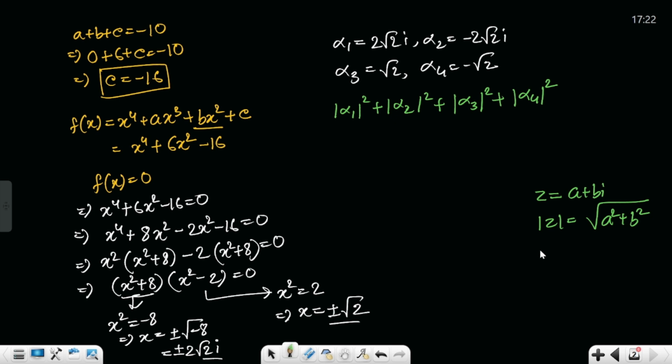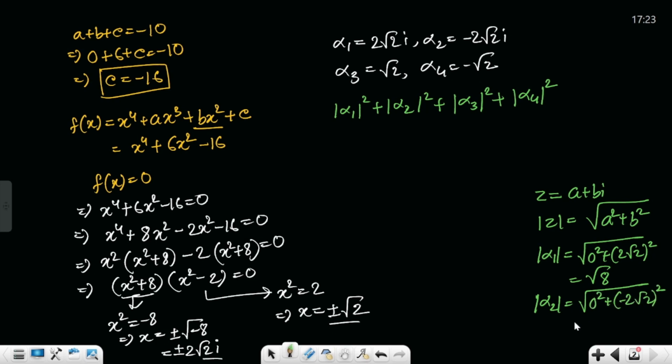So according to that, mod of alpha 1 will be equal to root over 0 square plus (2 root 2) square. Okay, so that will be equal to root 8. Same like that, mod alpha 2 will be equal to root over 0 square plus (minus 2 root 2) square. Okay, so this will be equal to root 8.